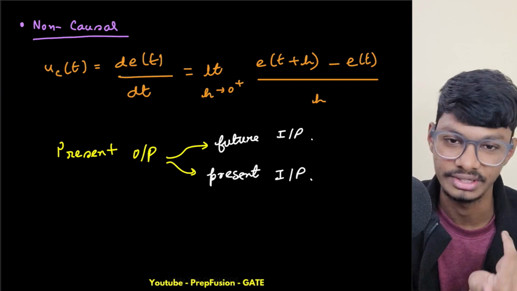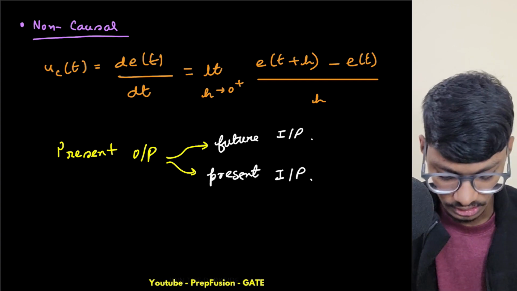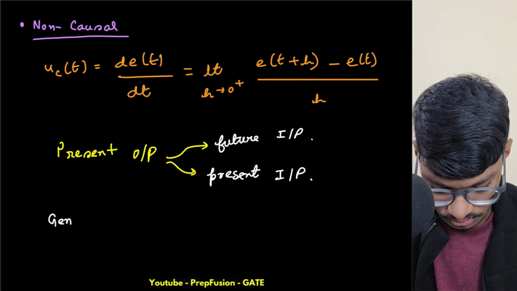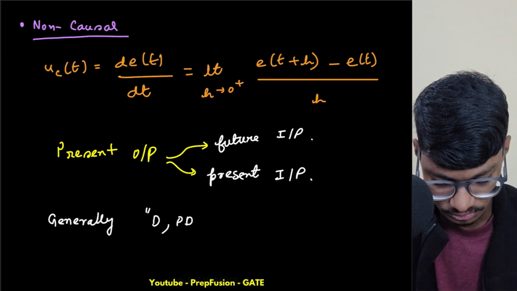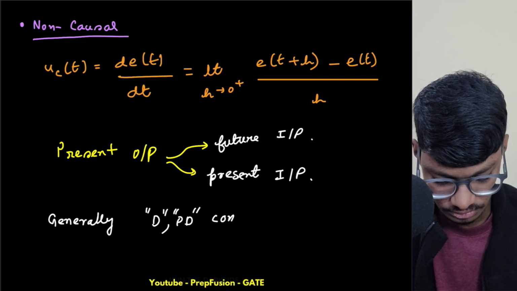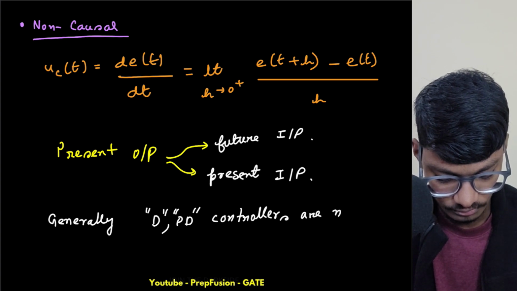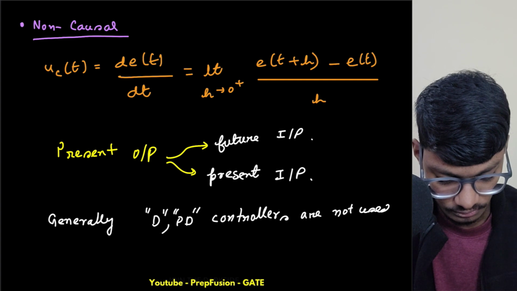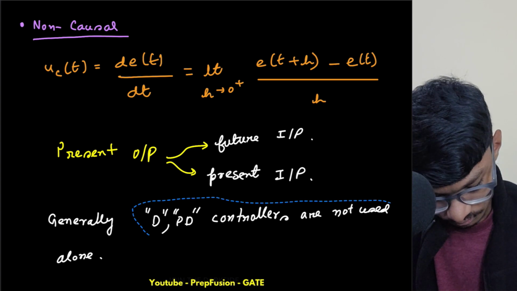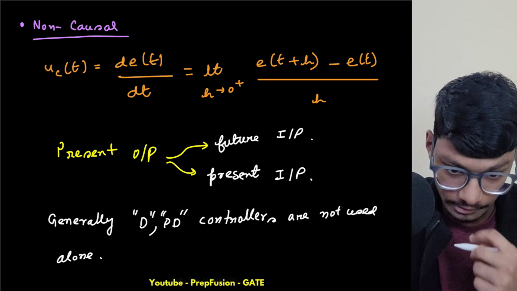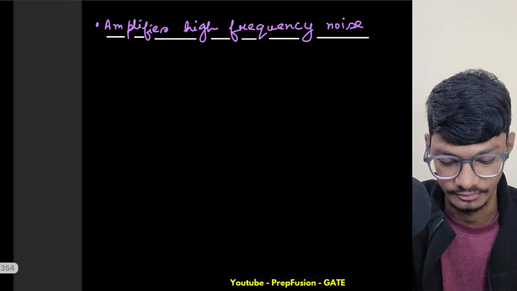Mathematically you might see us using a PD controller or derivative controller alone, and that is fine, but in practical systems we don't use them alone. Generally, derivative and PD controllers are not used alone. What we use is the PID controller.